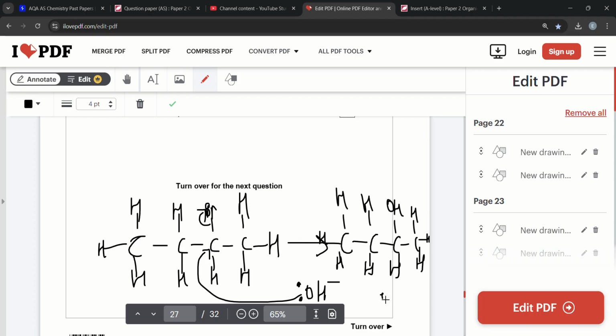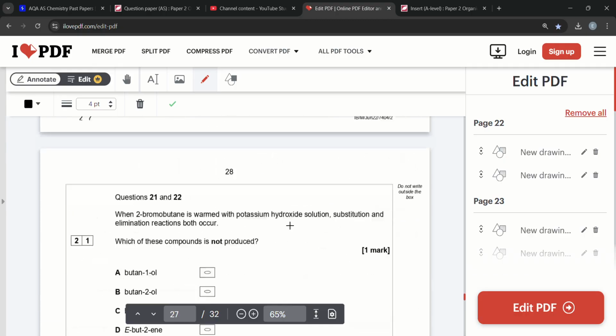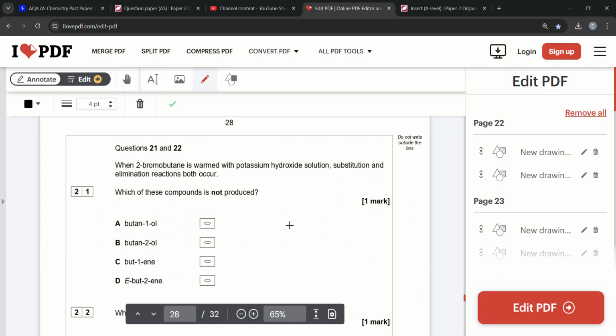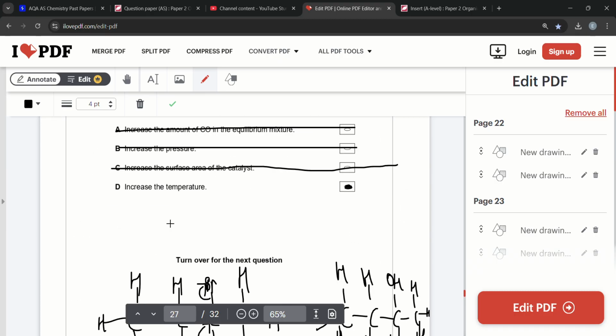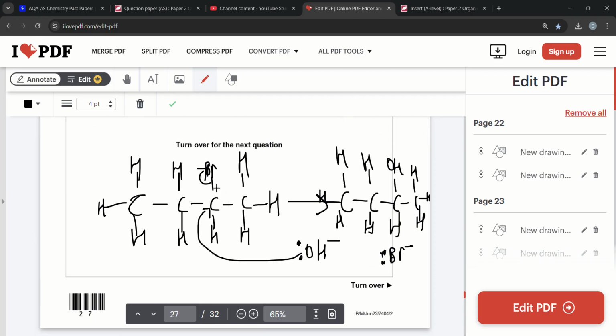And the Br leaves with a lone pair of electrons, and it's now negatively charged. Overall charge stayed the same. So what is that? That is butan-2-ol, not butan-1-ol. You can't form butan-1-ol because the Br group is on the second carbon.